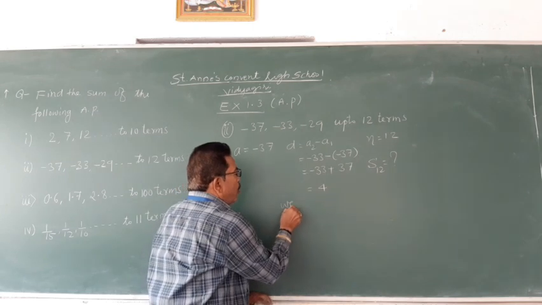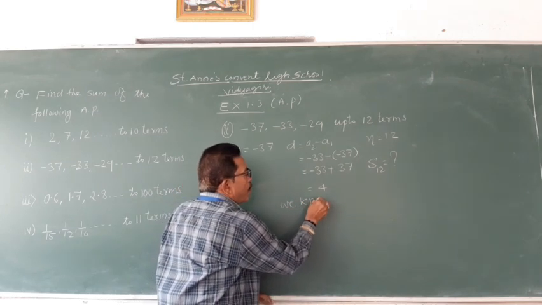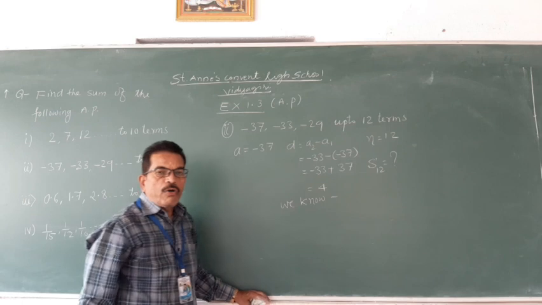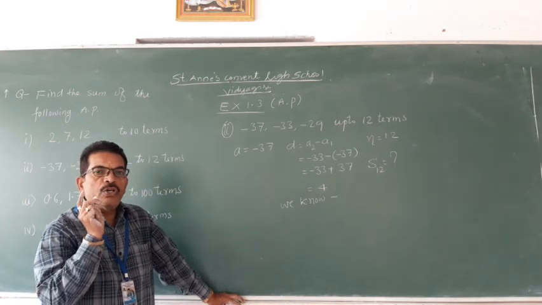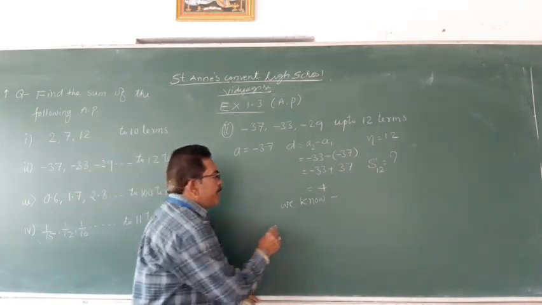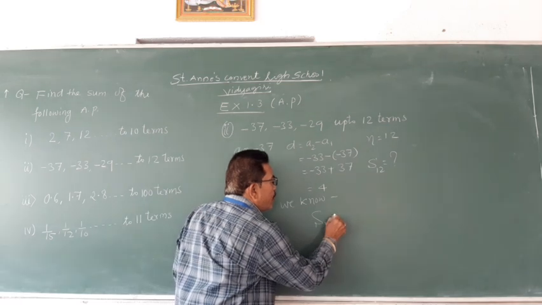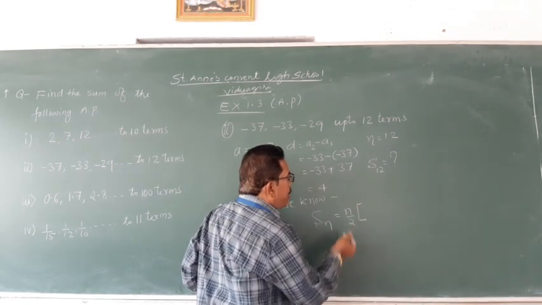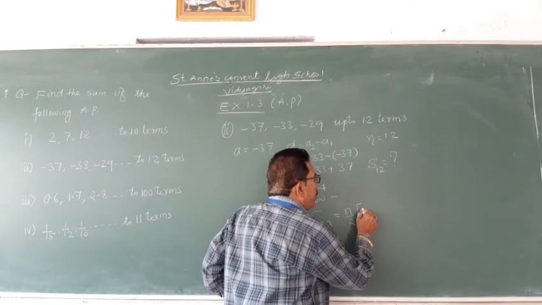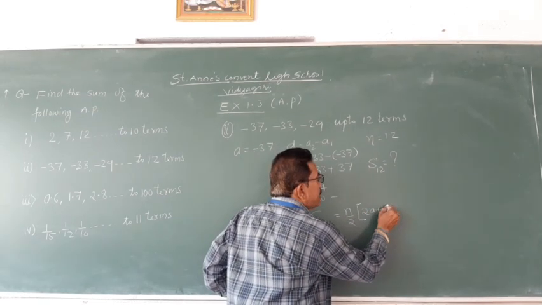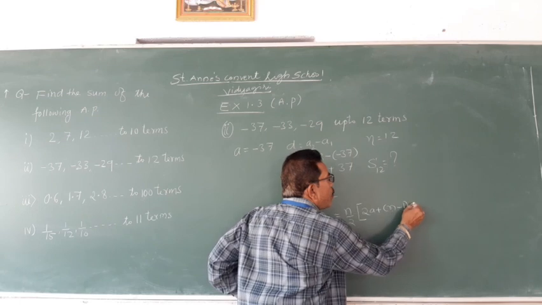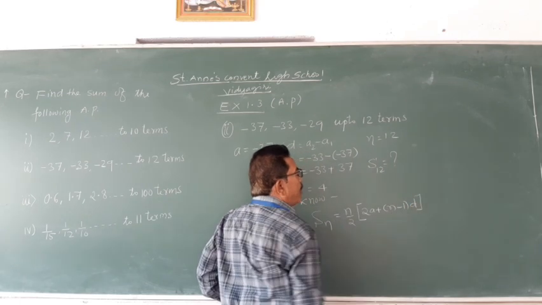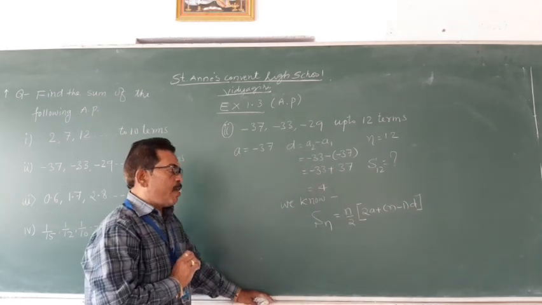We know that Sn equals n by 2 in the square bracket or big bracket 2a plus (n minus 1) into d. For every problem you have to apply the formula.